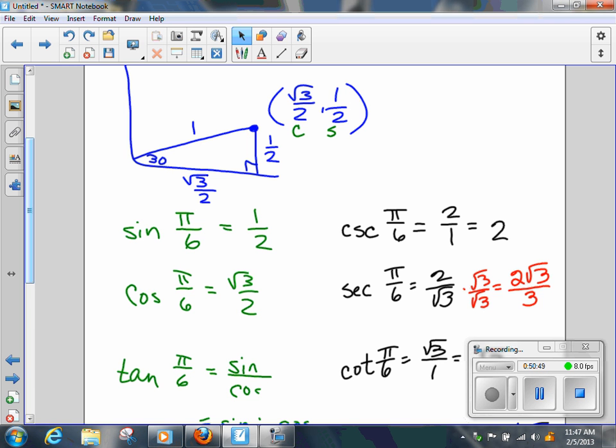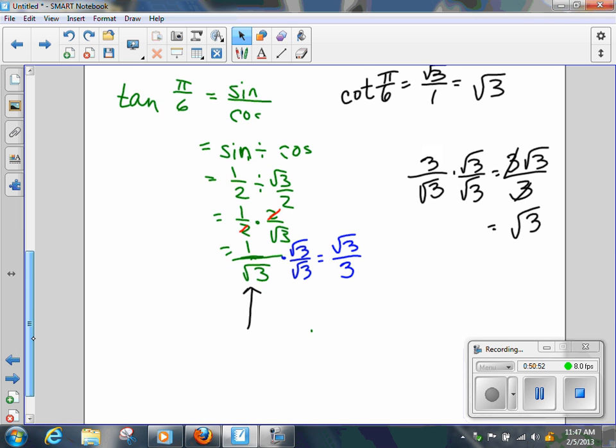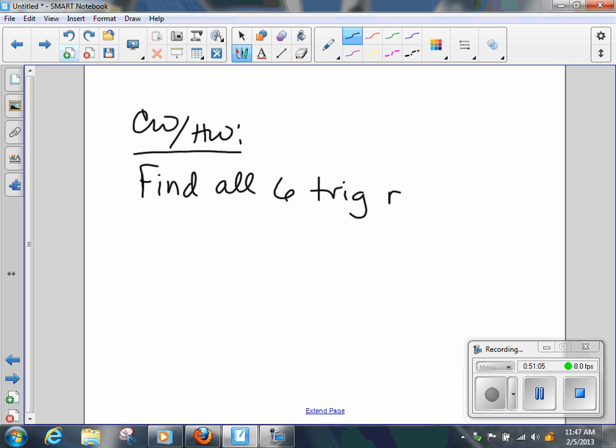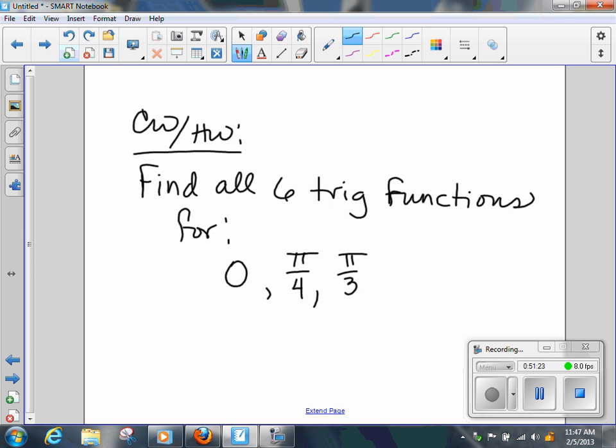Okay? Here's what you need to do for homework. I want you to find all 6 trig functions for the following angles: 0 radians, pi over 4, pi over 3, and pi over 2.